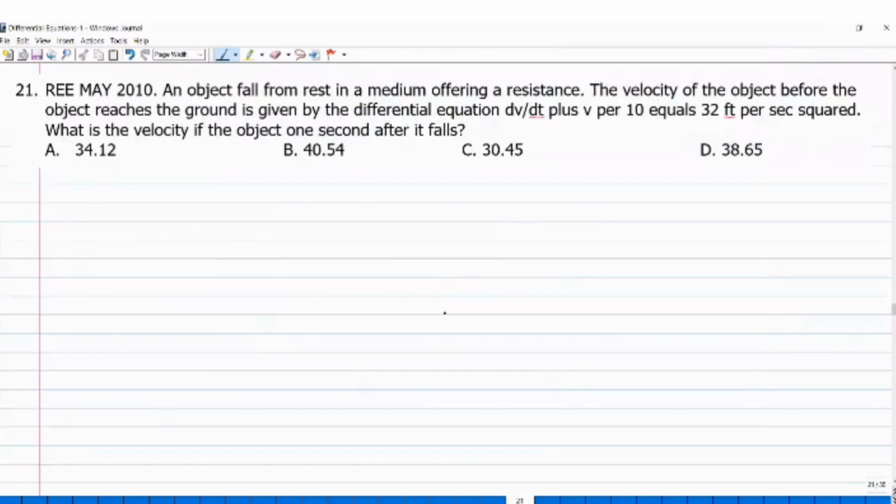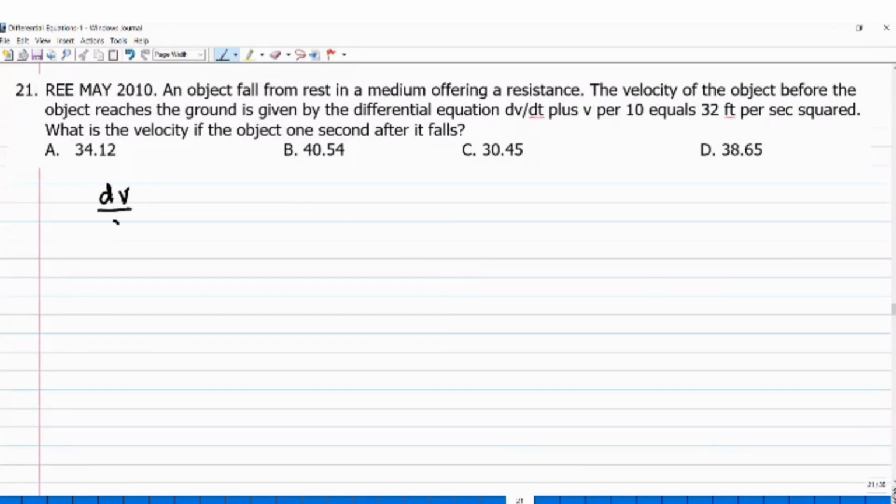Number 21. An object falls from rest in a medium offering a resistance. The velocity of the object before the object reaches the ground is given by the differential equation dv dt plus v over 10 equals 32 feet per second squared. So what is the velocity of the object 1 second after it falls?